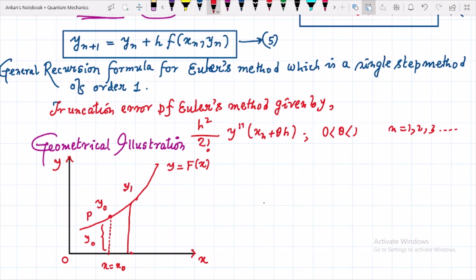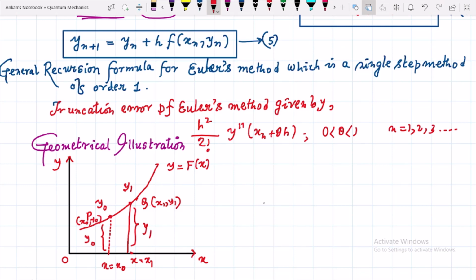I must point out these two points as P and Q. So the P point is x0 comma y0 and the Q point is x1 comma y1. Okay, so you have to find the general solution from this graph. For this, this is x equal to x1, which I have plotted, and the length is y1 also.